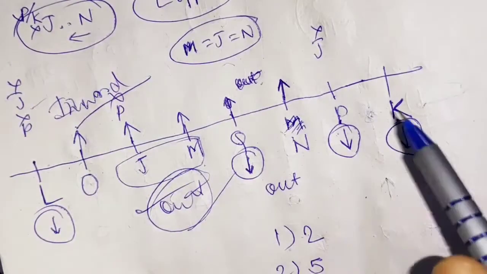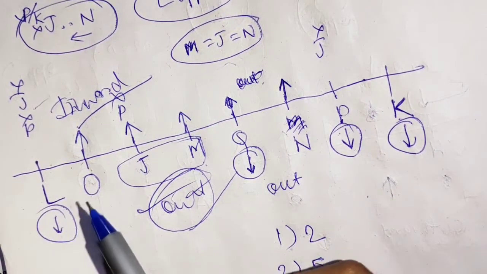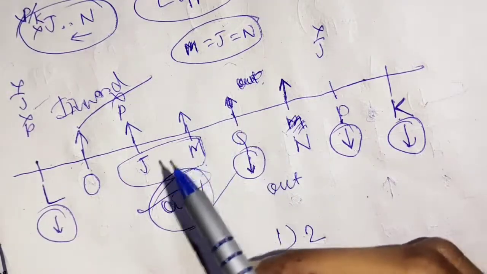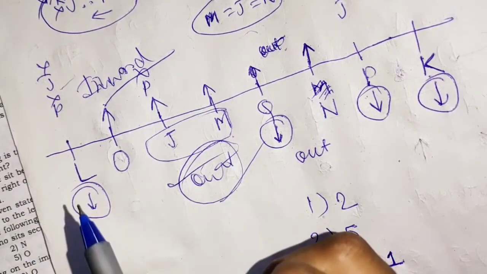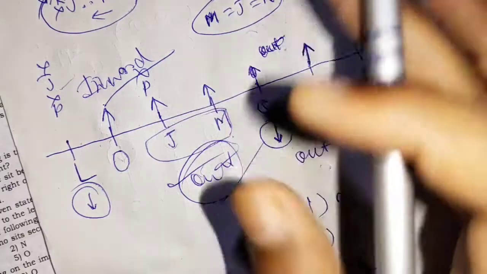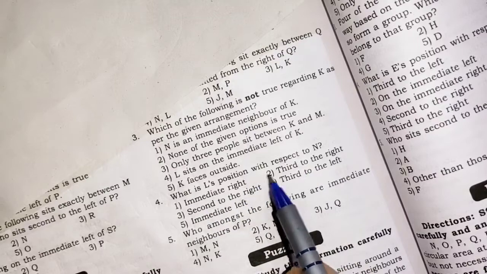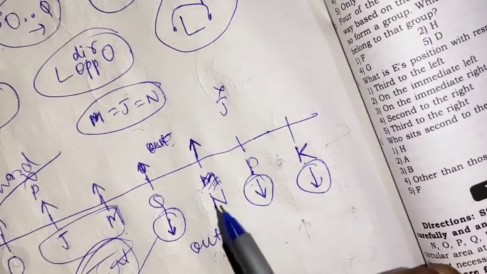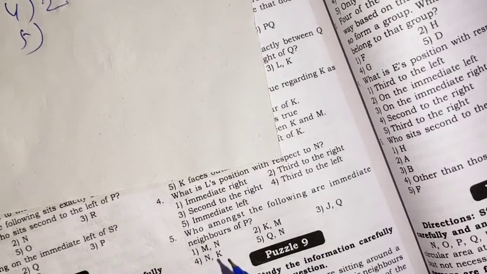If we go this way, L is first right, second right, third to the right of N. And if we go this way, then first left, second left, third left, fourth left, is fifth to the left of N or third to the right of N. Here it is given third to the right, so 4, 2. Now, who among the following are immediate neighbors of P? Immediate neighbors of P are N and K, so 4.